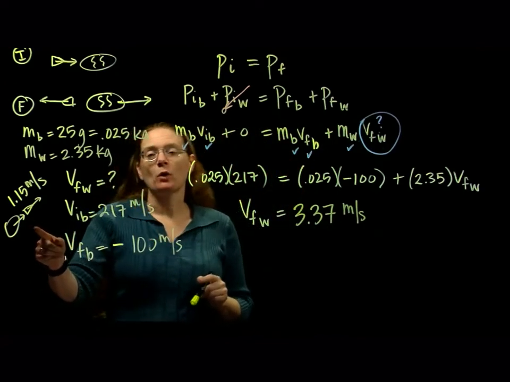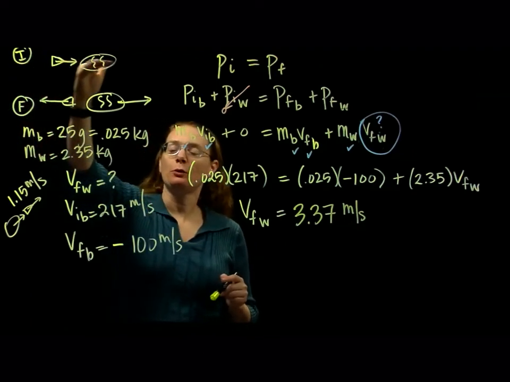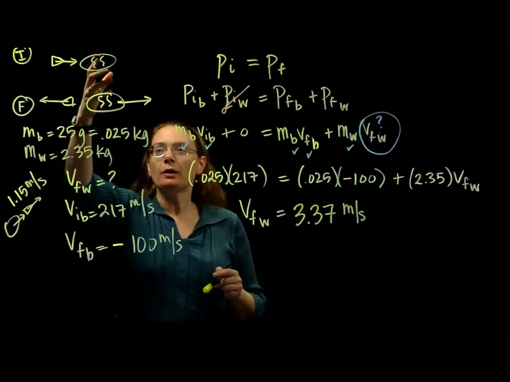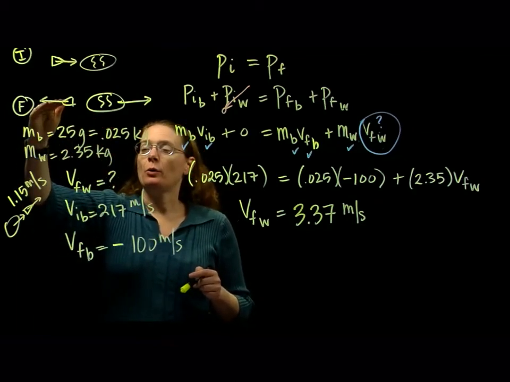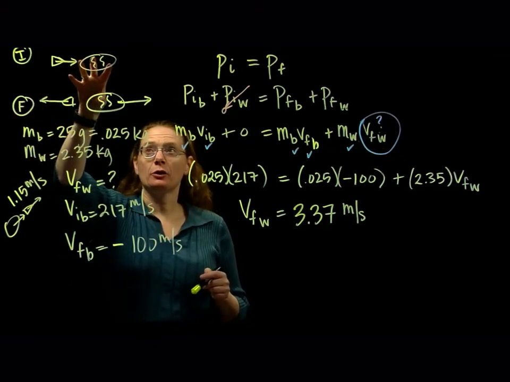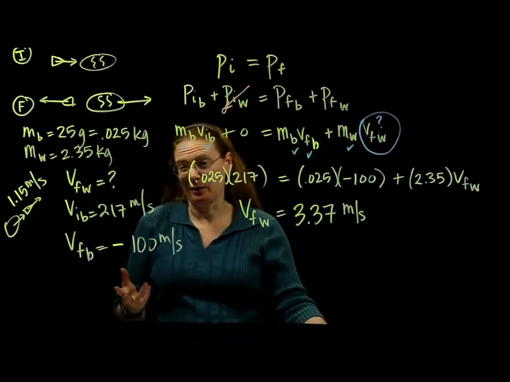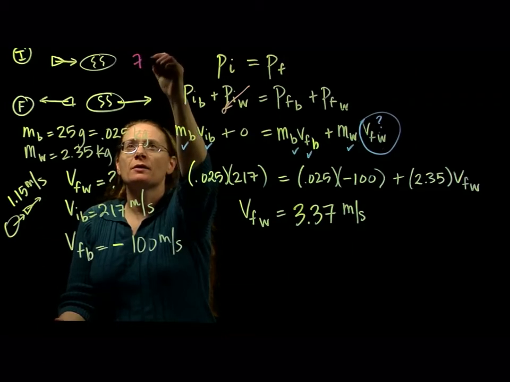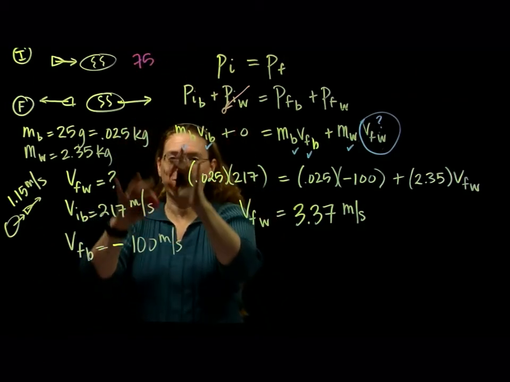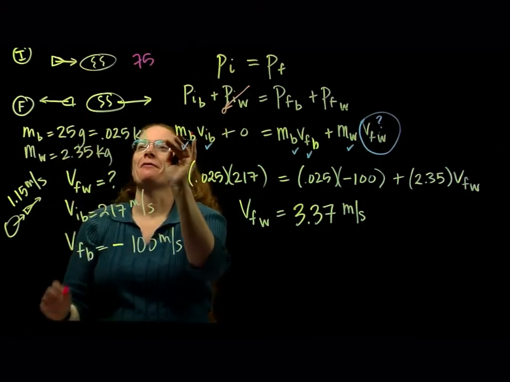Bigger. When the bullet went through, it gave up a little bit of its momentum to the watermelon. Now we have a certain amount of initial momentum. I'm just going to make up a number just so we can see what it would be like. So let's say we start with 75 momentum. I don't care what the unit is, let's just say we have 75.